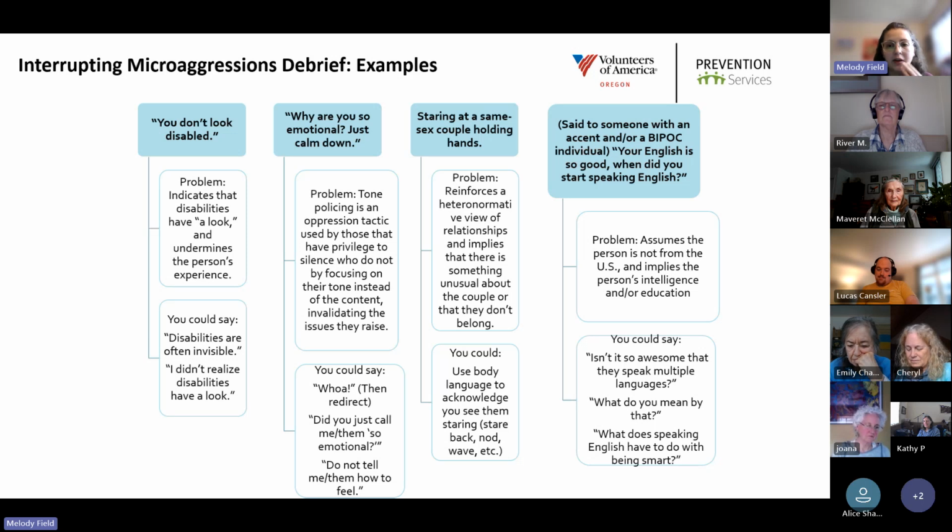We had talked about a work situation, for example someone saying, your English is so good, when did you start speaking English? If someone intervened and said something to the person causing harm, that could cause uncomfortable dynamics for the person being harmed in the workplace, or cause unnecessary attention on that person.